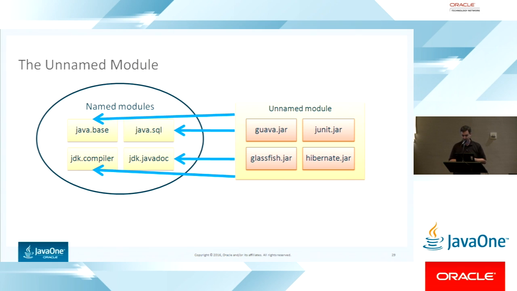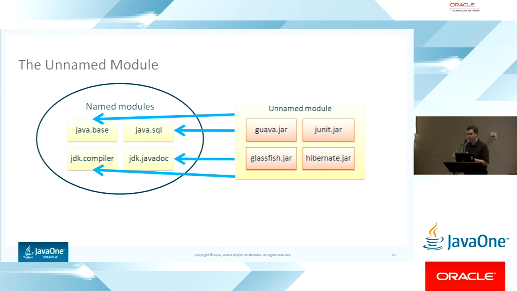The next question is what the unnamed module exports. Before that, though, we should ask, who reads the unnamed module? Remember, our goal in the module system is reliable dependencies. We believe very strongly that named modules should not read the unnamed module out of the box. It would make a mockery of reliable dependencies to let named modules depend on the arbitrary content of the class path.